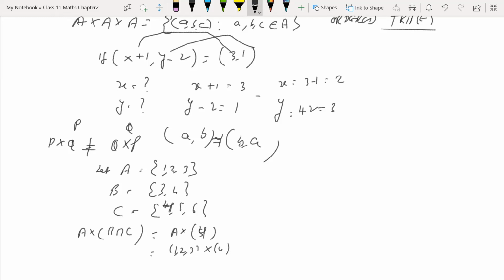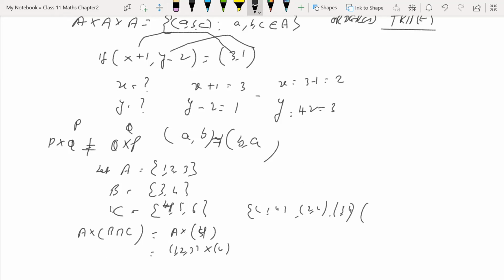The Cartesian product of this is (1, 4), (2, 4), (3, 4). And similarly, you can do the others.